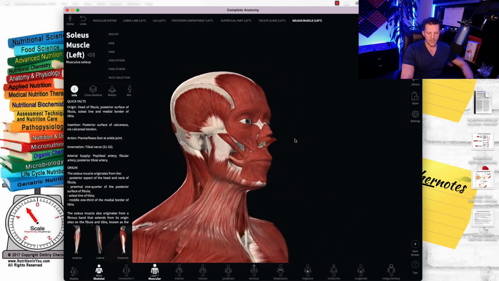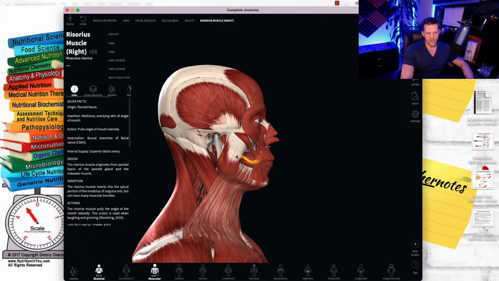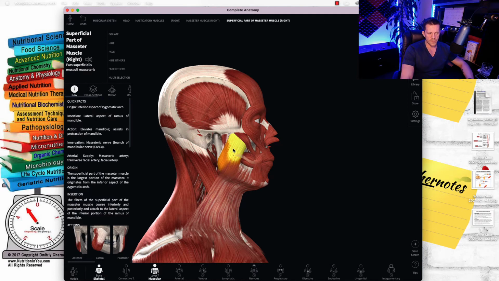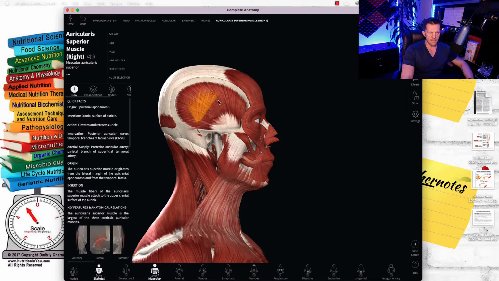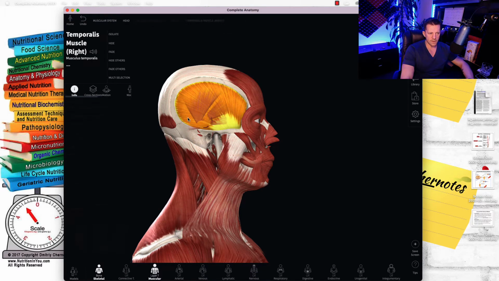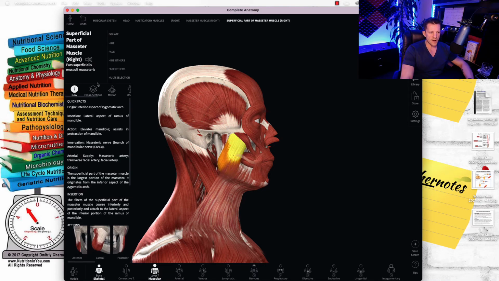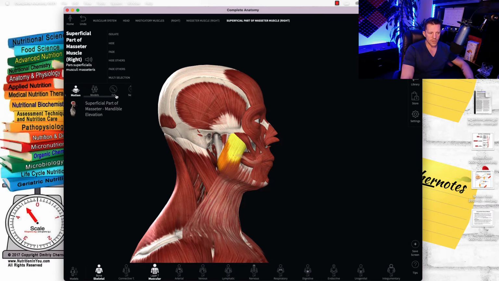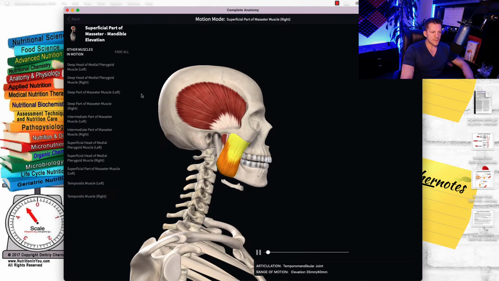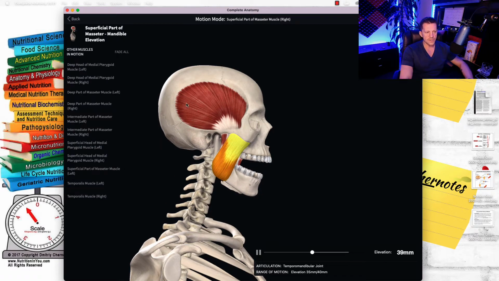So let me start from the lateral side. This is the masseter, and this is the temporalis, right? The entire region, temporalis and masseter. If we create a motion, the temporalis and the masseter are responsible for opening our jaw, for depression.